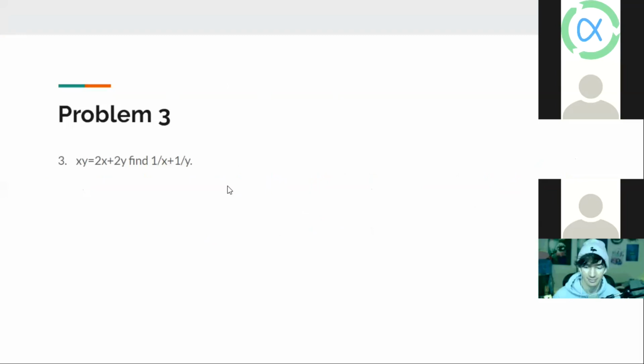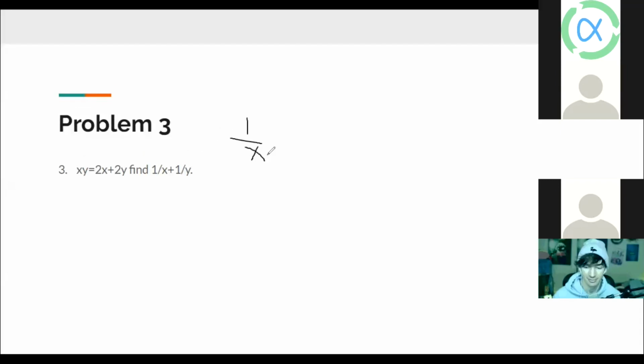Okay, so this question says xy is equal to 2x plus 2y. Find 1 over x plus 1 over y. So 1 over x plus 1 over y is equal to (x plus y) over xy. And you know xy is equal to 2x plus 2y.